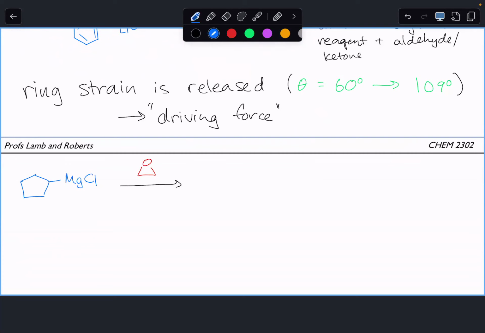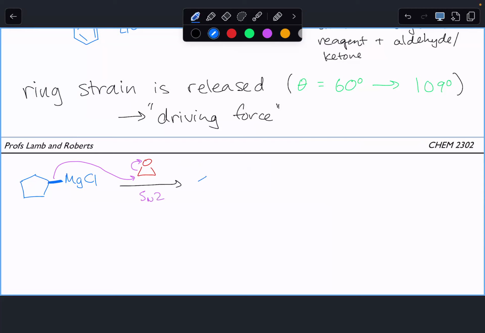Okay, so this time I'm not going to draw out the negatively charged version. I'm going to draw my arrow from this carbon-metal bond. That's the electron density that's going out and attacking things. Nucleophile attacks electrophile, break the weakest bond. SN2 reaction.